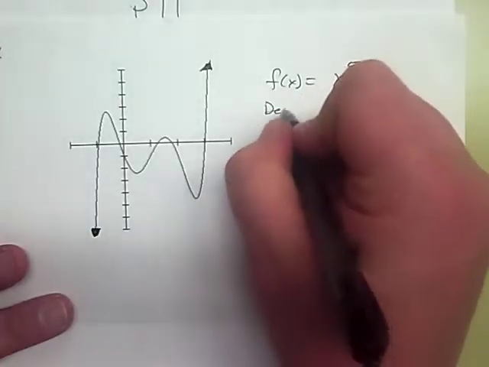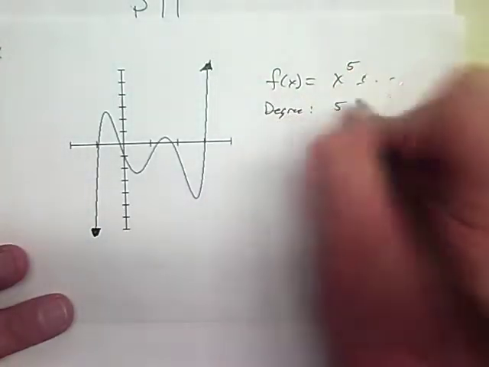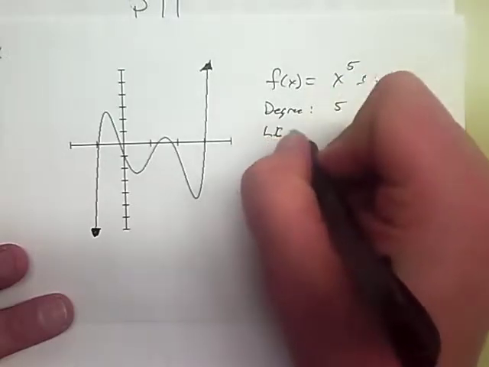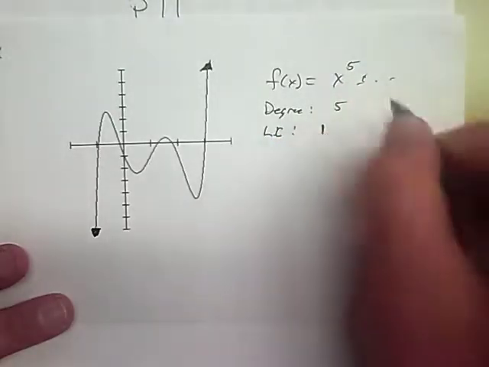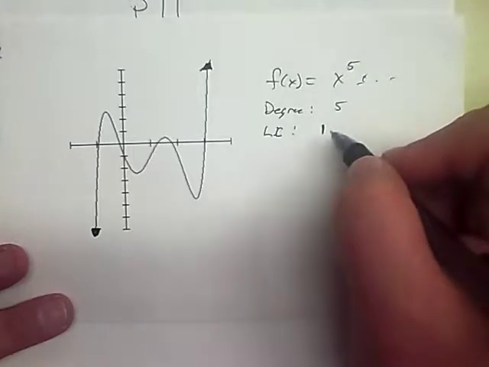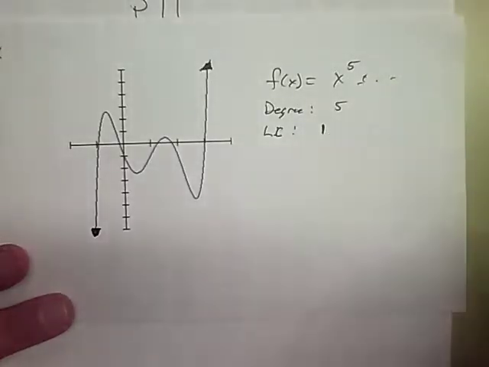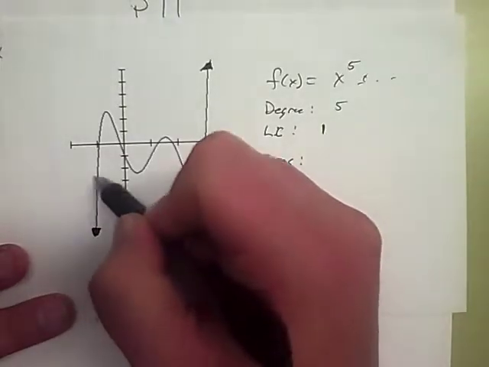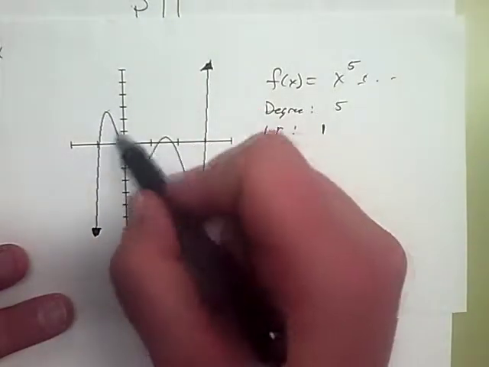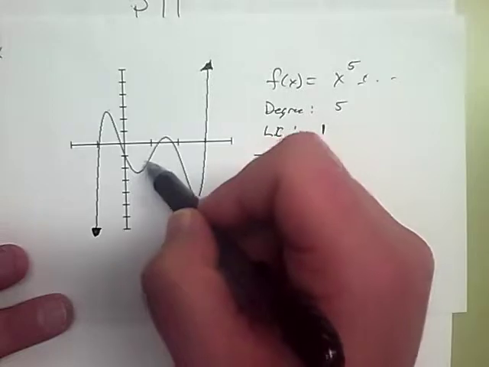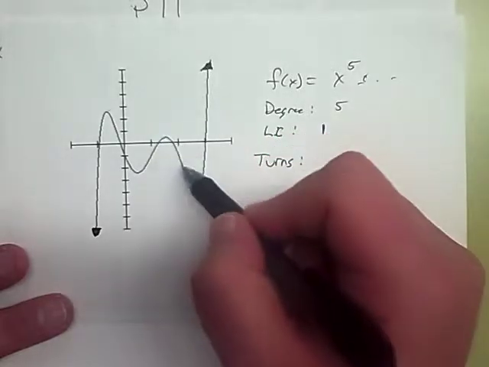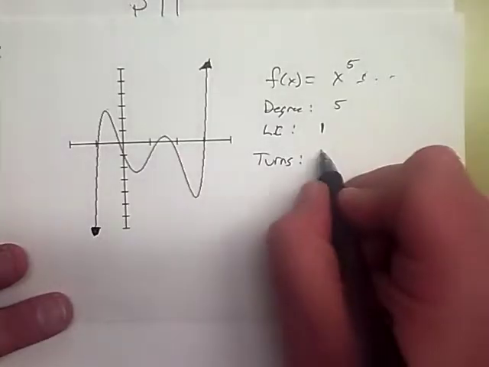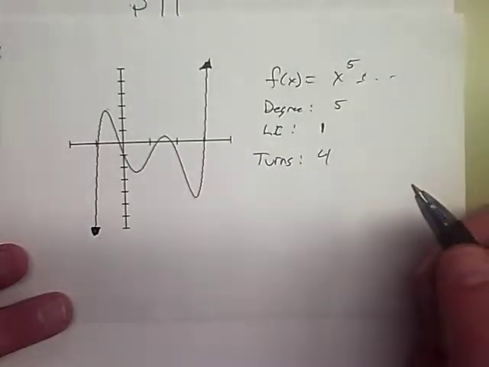The degree is a 5. My leading coefficient is a positive 1. And let's take a look at the number of turns we have. Here I go up, up, up, turn, go down, down, down, turn, up, up, up, turn, down, down, down, turn. So there are 1, 2, 3, there are 4 turns.